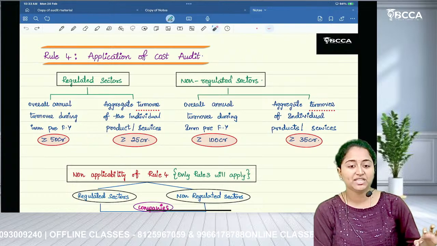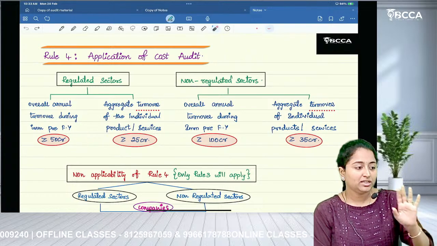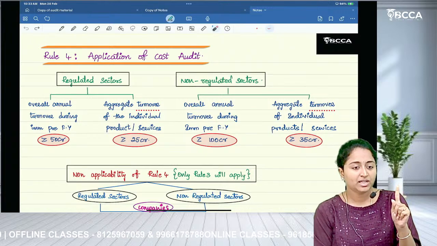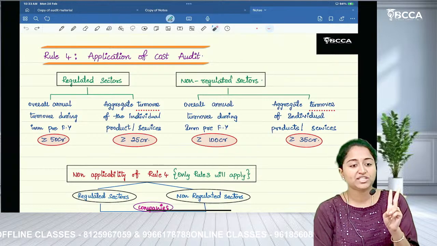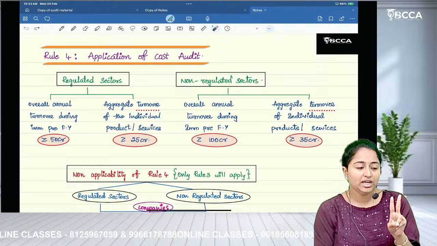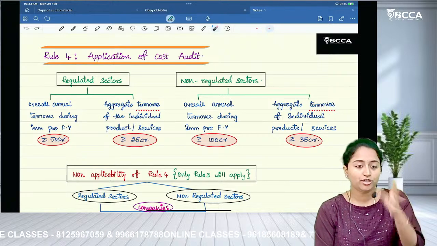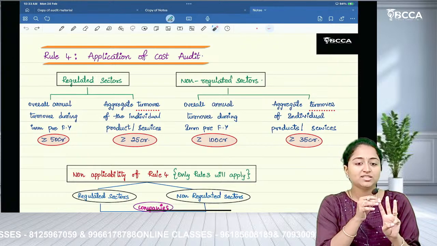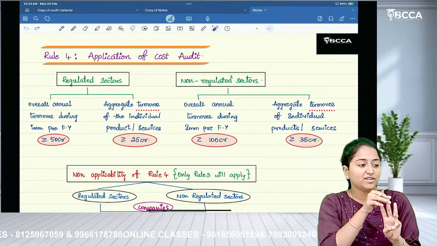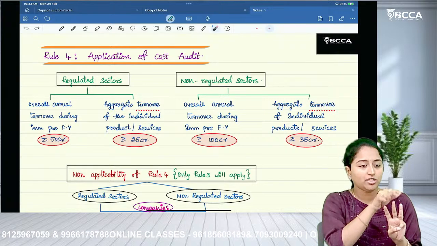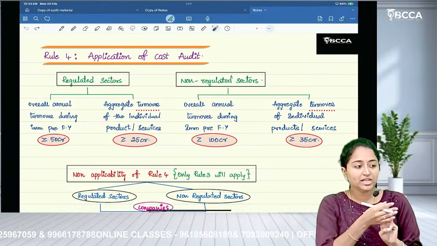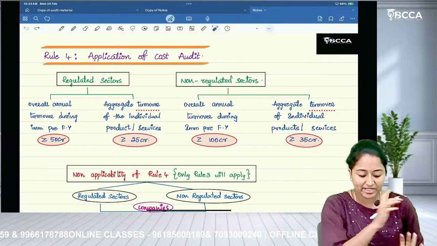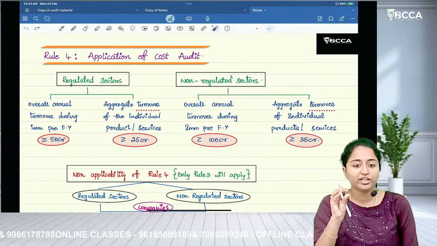Overall turnover means the company can produce products in the regulated sectors table, goods given in the non-regulated sectors table, and products or services not given in either table. So it can be 3 products: one covered under regulated sectors, one under non-regulated sectors, and one not covered under either. Whatever the combined overall turnover is in the preceding financial year should be more than or equal to 50 crores.